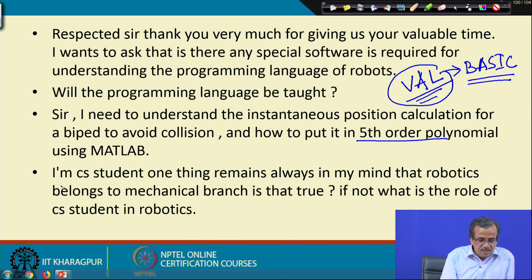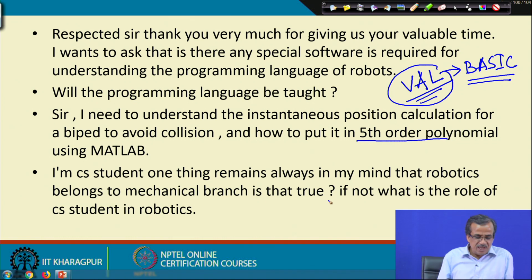Now, the next query is: I am a CS student, one thing remains always in my mind, that robotics belongs to the mechanical branch. Is that true? The answer is no, because robotics has 4 distinct modules, but this is an interdisciplinary subject. If you want to be a true roboticist, a real expert of robotics, you will have to know the fundamentals of all 4 modules.